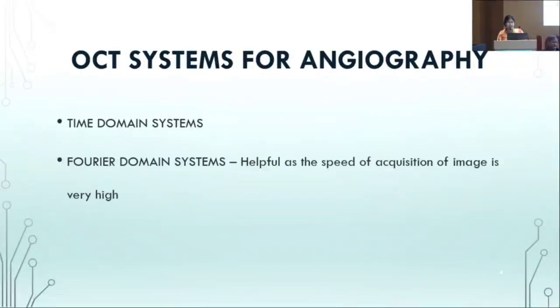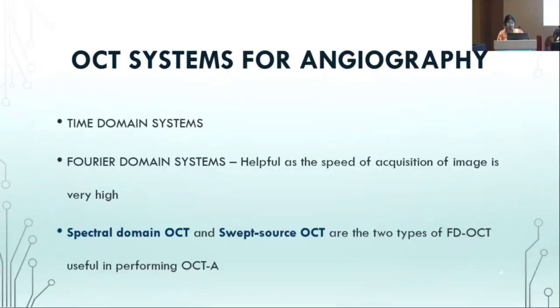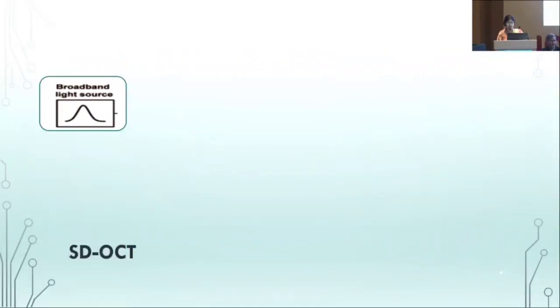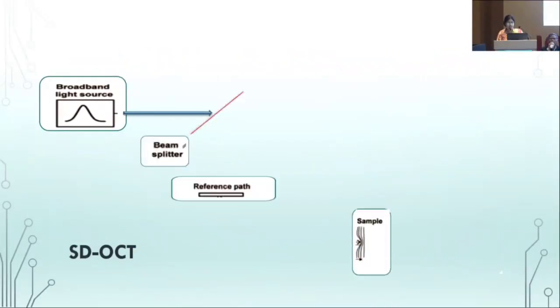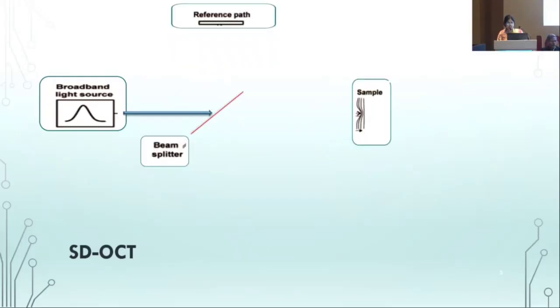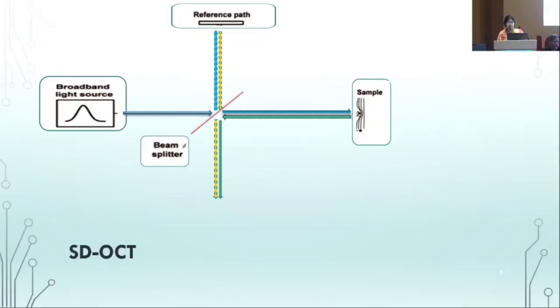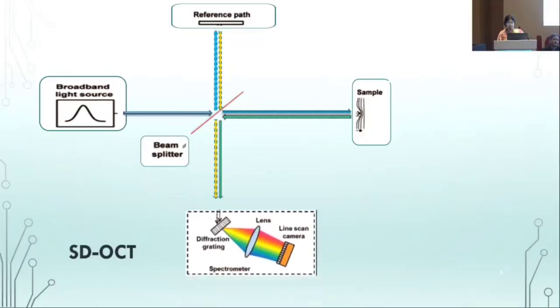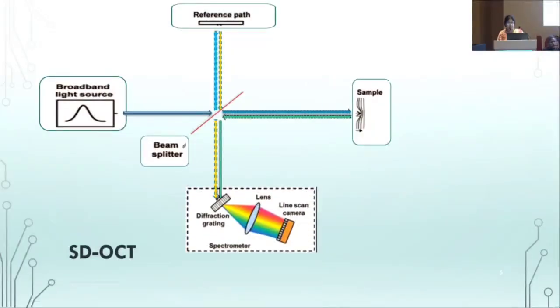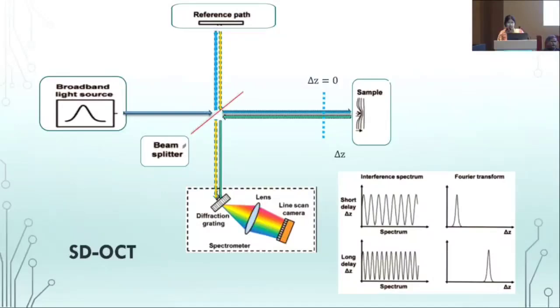There are mainly time domain and Fourier domain systems. The Fourier domain systems are more helpful as the speed of image acquisition is very high. SSOCT and SDOCT are the two types of FDOCT which are useful in performing OCT angiography. In SDOCT, a broadband light source transmits the light to the beam splitter, which splits the light to the reference arm and the sample, that is our patient, and which is then transmitted to the spectrometer, which creates an interference pattern, and it is then Fourier transformed.